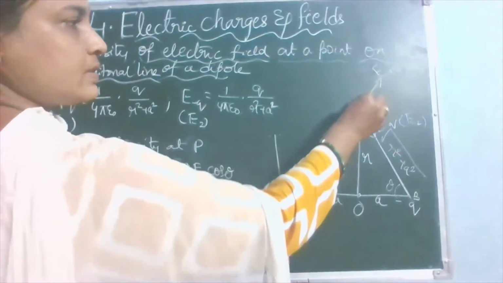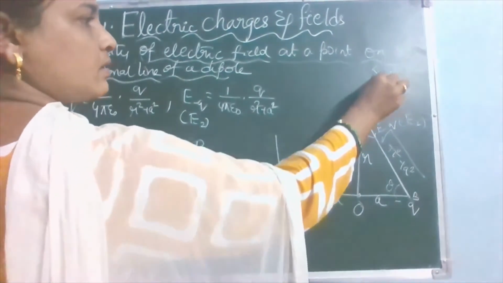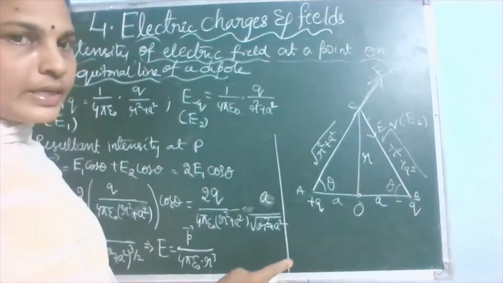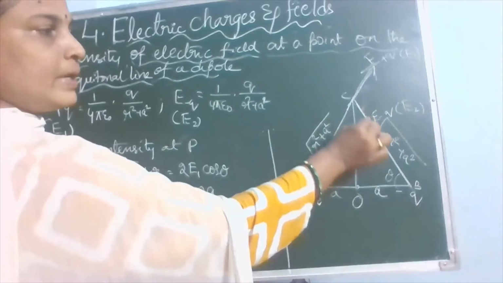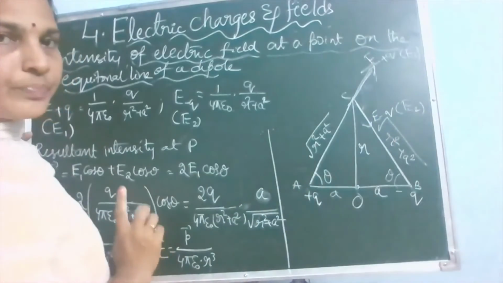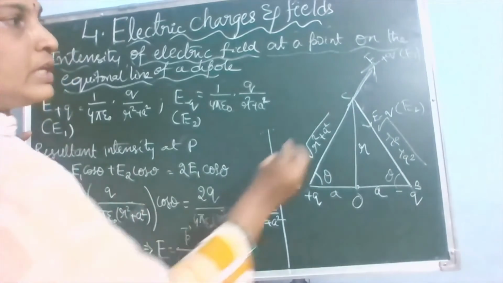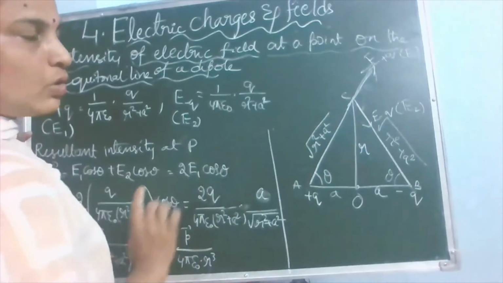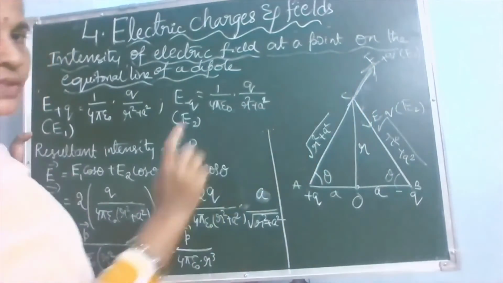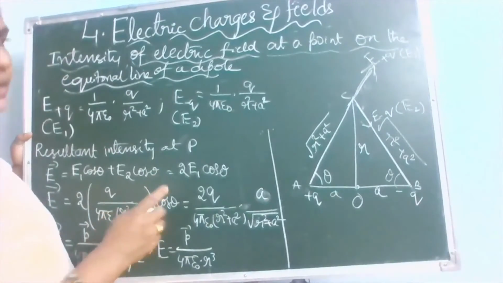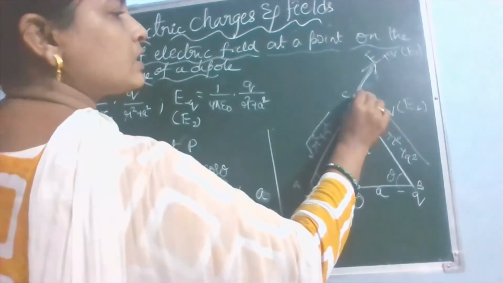And the electric field intensity here will be in this direction. Now, this is a vector, electric field intensity is a vector. If this is resolved into components, it can be resolved into two components, in this direction and in this direction.